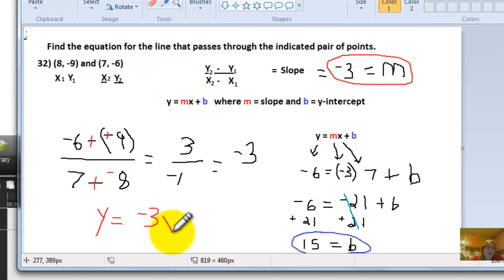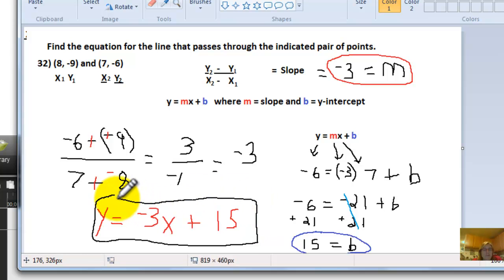We don't need to pull any points, just leave it as x, because this is now an equation where you can plug any points into to form a line. And then we'll add our b, which is 15. So what we have for the equation of our line is y equals minus 3x plus 15.